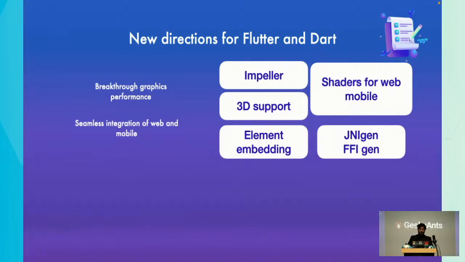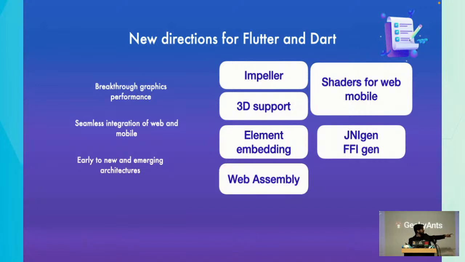A very good use case of JNI is, let's say you have a C library which is very efficient at image processing. With JNI and FFI, you can connect with it and do direct integration instead of going through a platform channel, then Android, and so on. With gen, that means your code will be generated.